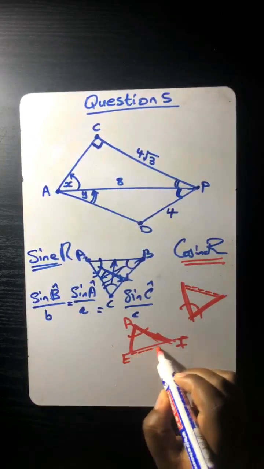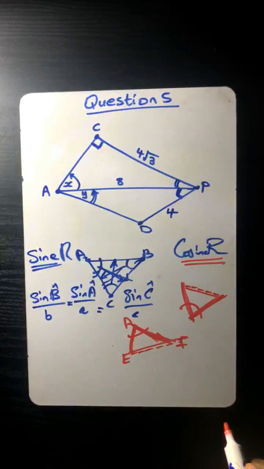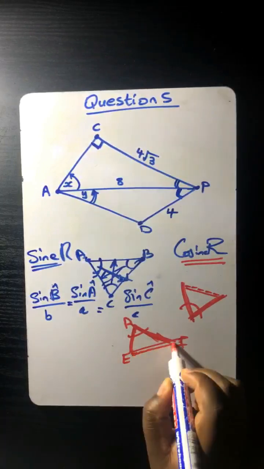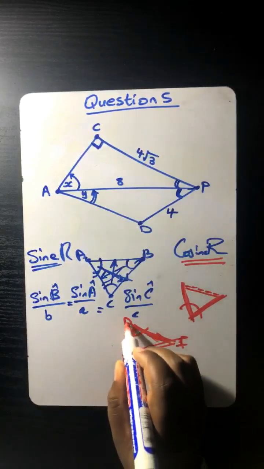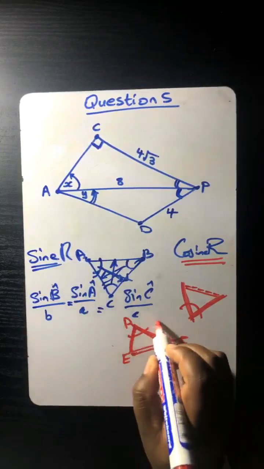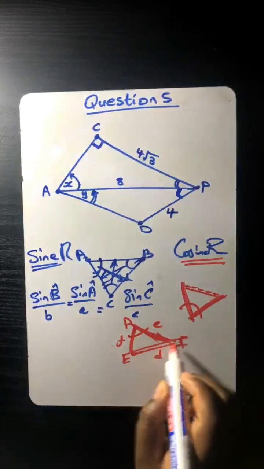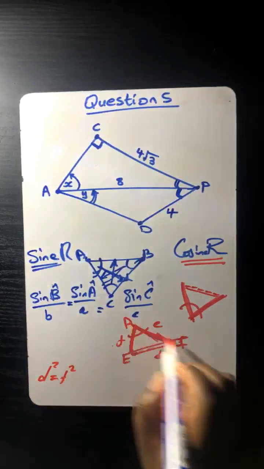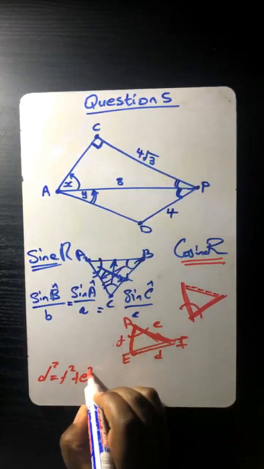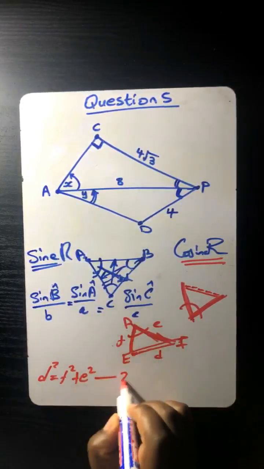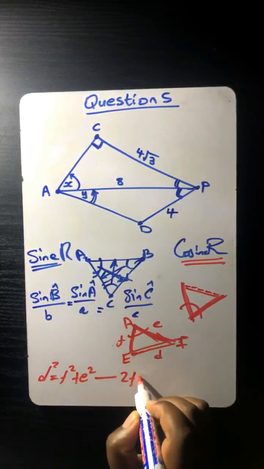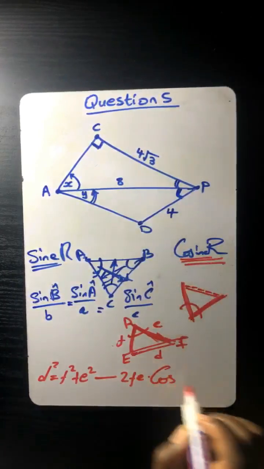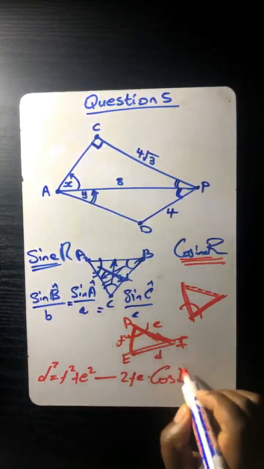Let's say this side is D, then this is small d, this is E, this is small f. So d squared equals f squared plus e squared minus two times e f multiplied by, remember, it is the cosine rule, cos of that included angle.